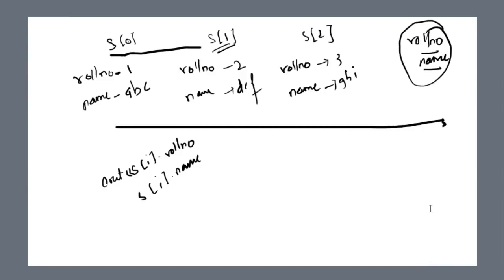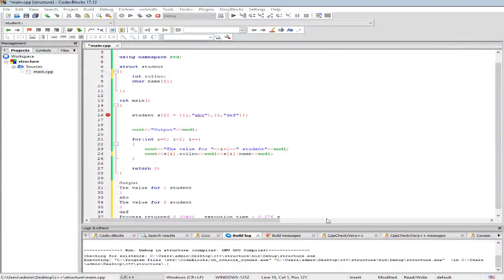If you have any doubts, you can comment on this video so that I can solve your doubts. Oh, I haven't switched the screen, so you couldn't see the outputs. Sorry. Now you can see the output of this program very clearly. This is how you assign the value of the structure, that is, initializing the value of the structure.